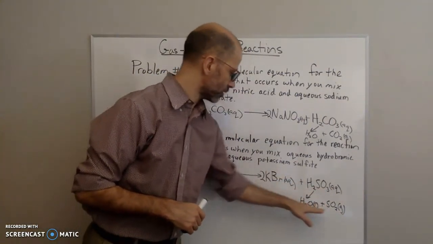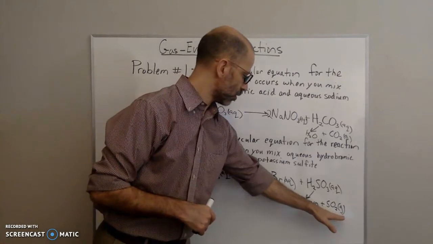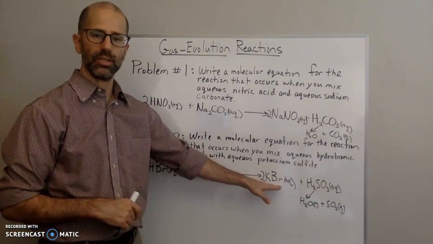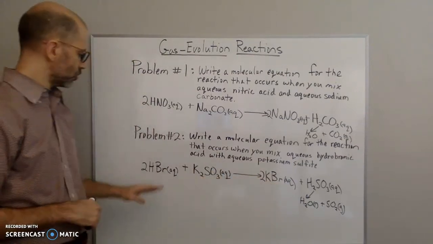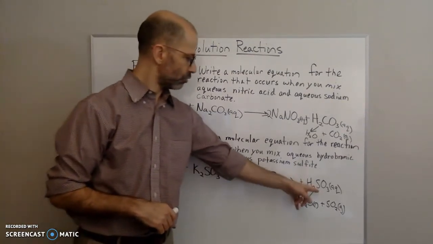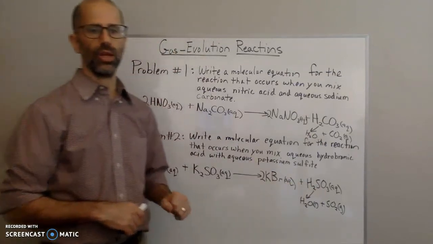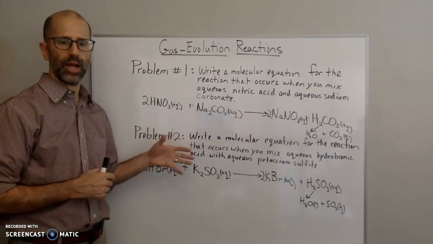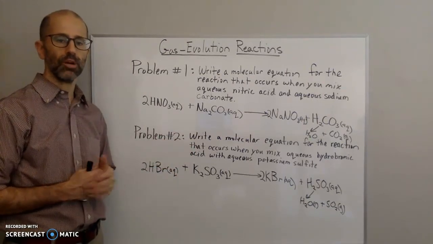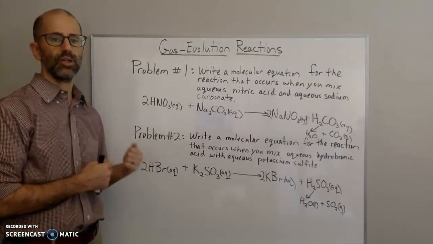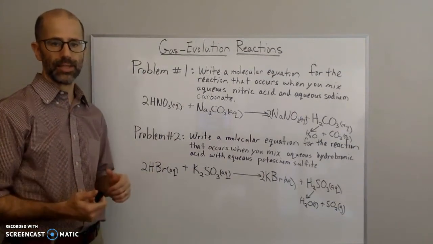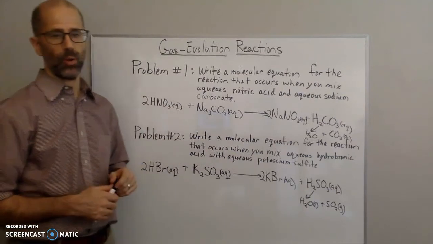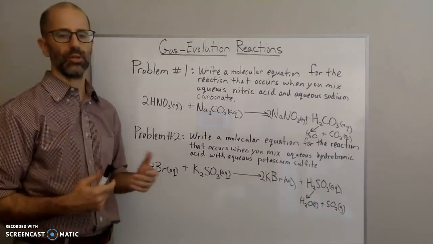So the final product is going to be water and sulfur dioxide gas and the aqueous potassium bromide. That's what you would write down. If you just stop here, then you would be only halfway there. So be careful of these reactions and be on the lookout for intermediates that could break down into water and a gas, or if you get a gas right away, like H2S. So be on the lookout for that.